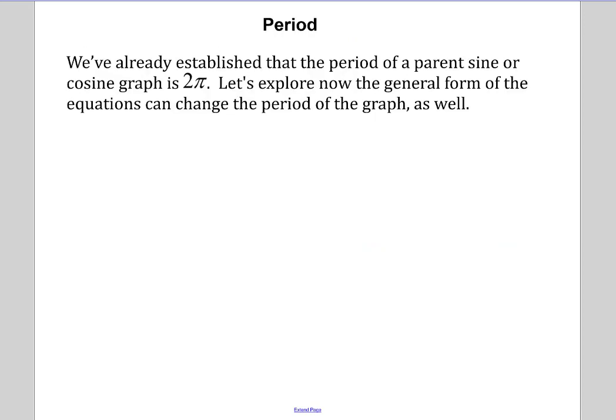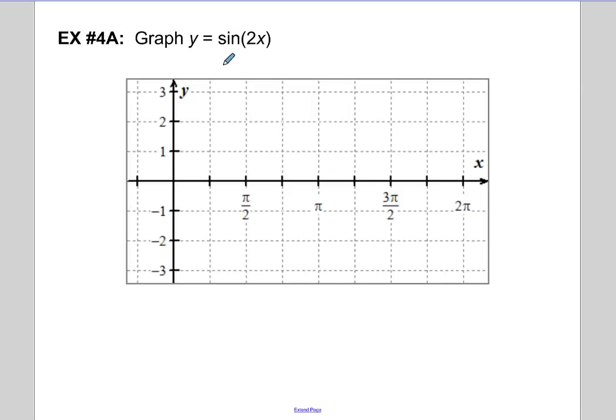Now, we can also alter the period. We've already established that the period of the parent sine or cosine is 2 pi. But let's see what happens when the general form of the equation changes the period of the graph. So in this case, we have the sine of 2x.